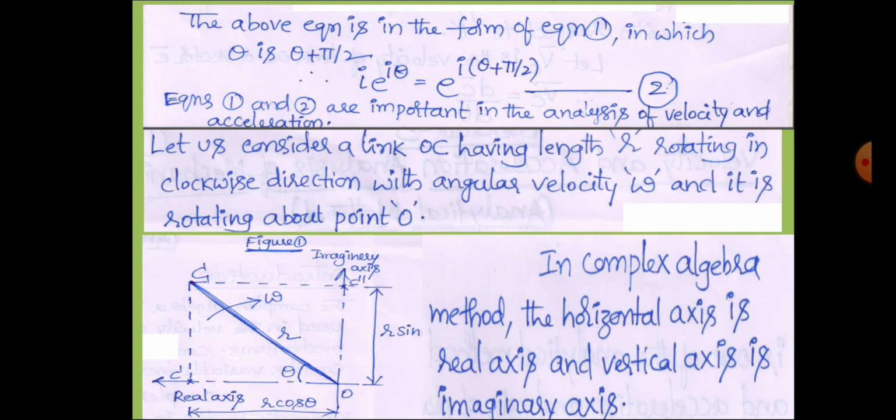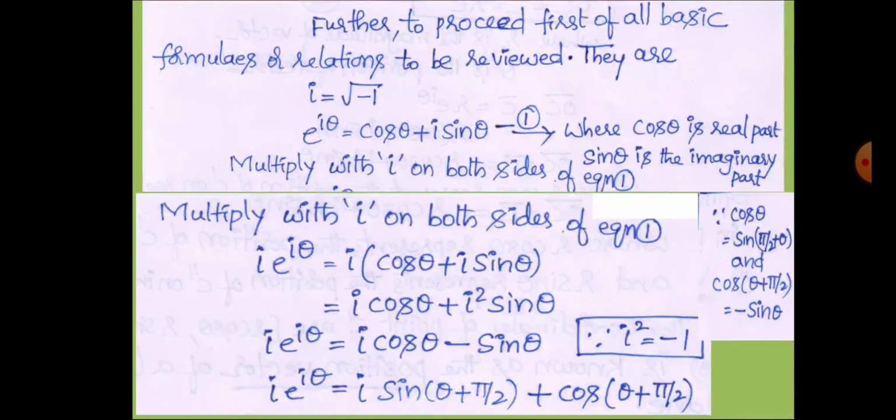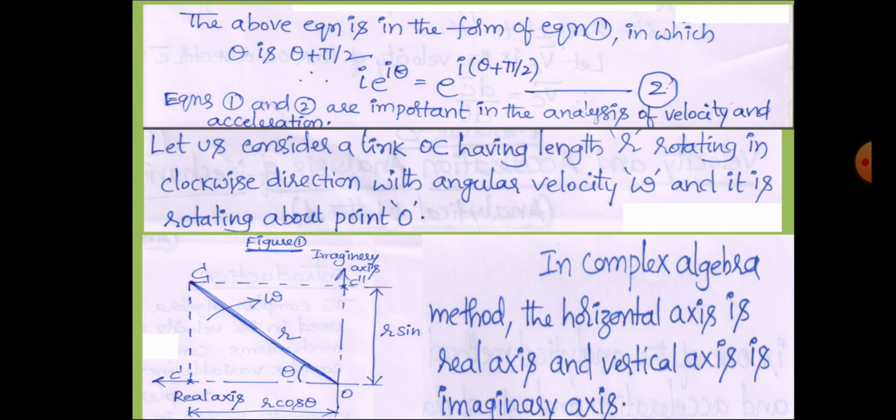So in order to do that, let us consider a link OC having length, or magnitude, small r, rotating in clockwise direction with angular velocity omega, and it is rotating about the point O. So to represent a link of any mechanism by means of a vector using a complex number, I am just giving one illustration by considering one link.